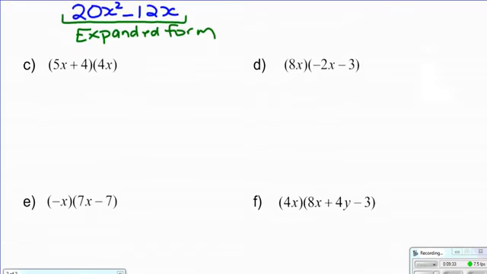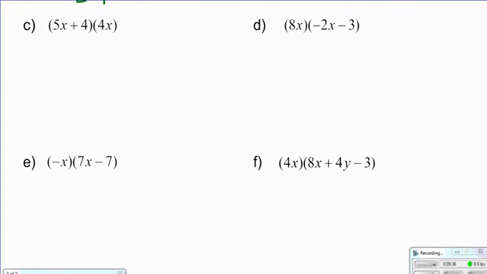Okay, looking at the next one. I always like to reorder it so that the binomial is in front. That's just me being fussy. I can show you what it looks like without the binomial in front, and you can decide for yourself if you want to leave the binomial in front or put the monomial in front.